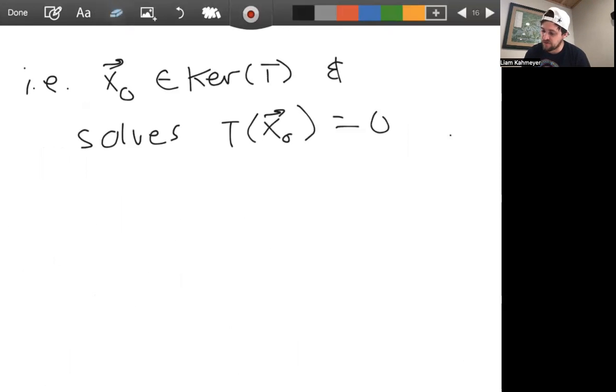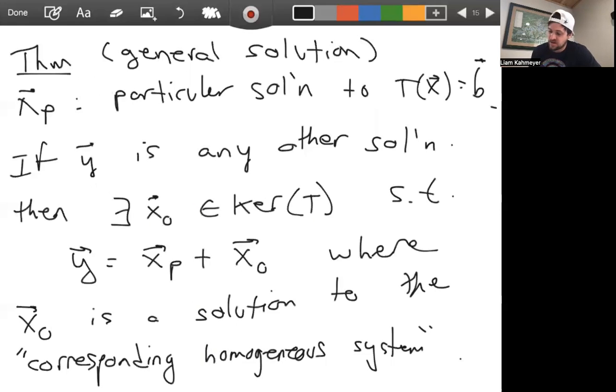Or let's just say it solves T of X equals 0, right? And this Y here is this collection of all possible solutions here. This is called the general solution, right? This family of solutions, we just call this the general solution.